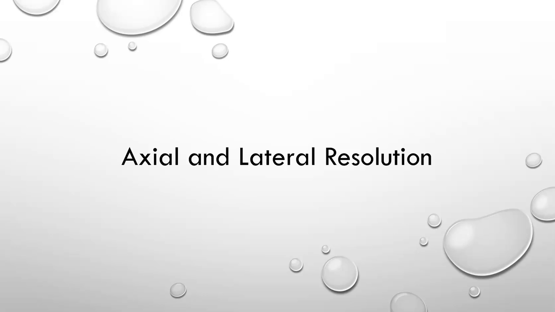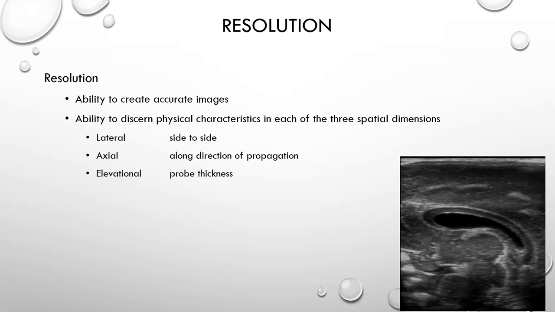Axial and lateral resolution. These are both known as detail resolutions, axial and lateral. Resolution is the ability to create accurate images. In detail resolution or spatial resolution, it is the ability to discern physical characteristics in each of the three spatial dimensions.